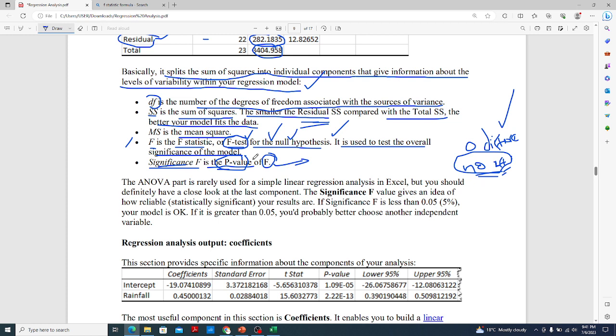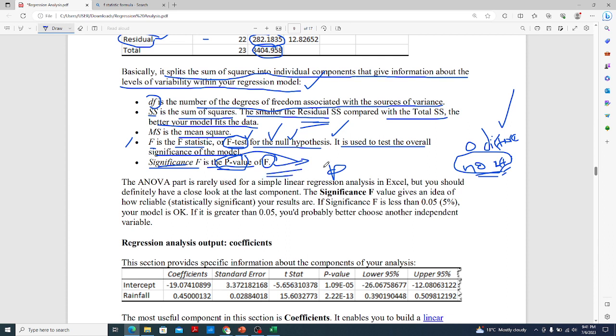The p stands for probability; it's just an abbreviation of probability.